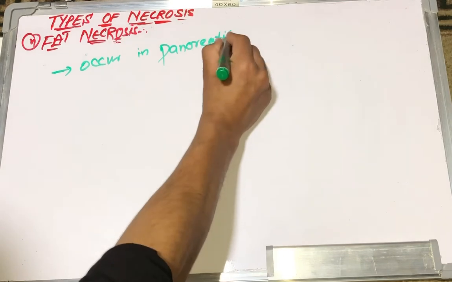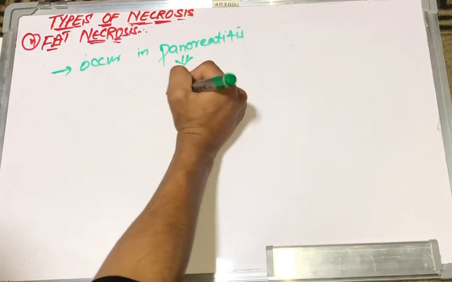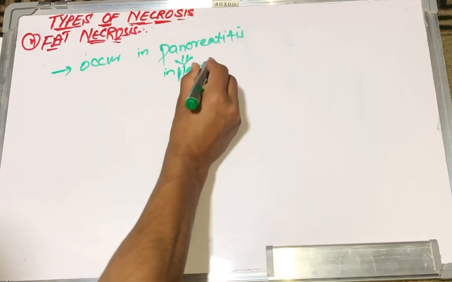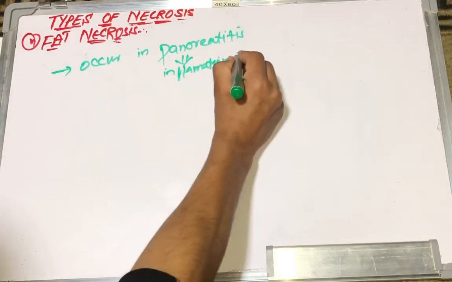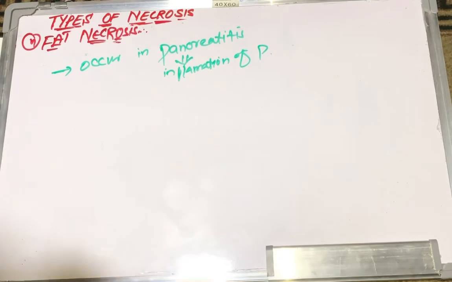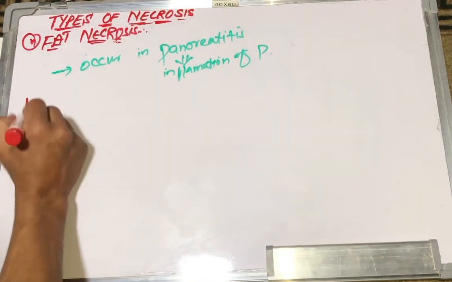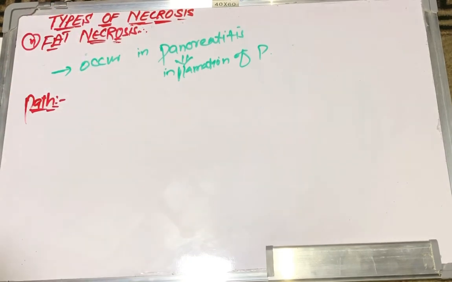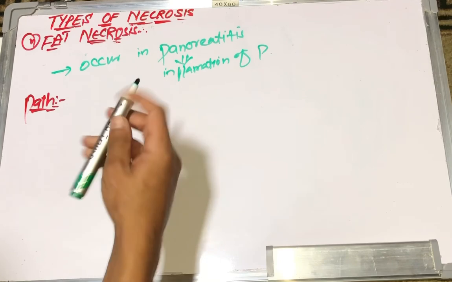It usually occurs in pancreatitis, which is what we call inflammation of the pancreas. How does it occur? What is the pathogenesis behind fat necrosis occurring in the pancreas?